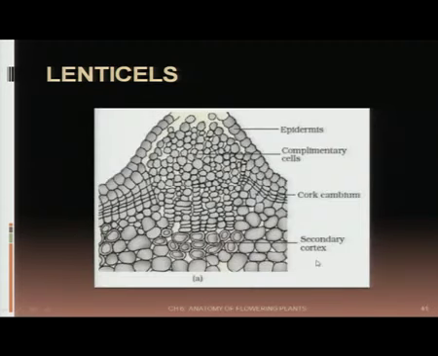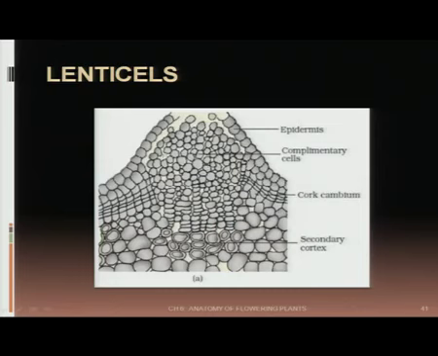The diagram given in your NCERT book is very clear. So, you can see here that the cork cambium was there. You can note the arrangement of cells, they are rectangular and flat. So, the cork cambium was there, but somewhere in between complementary cells have been formed.